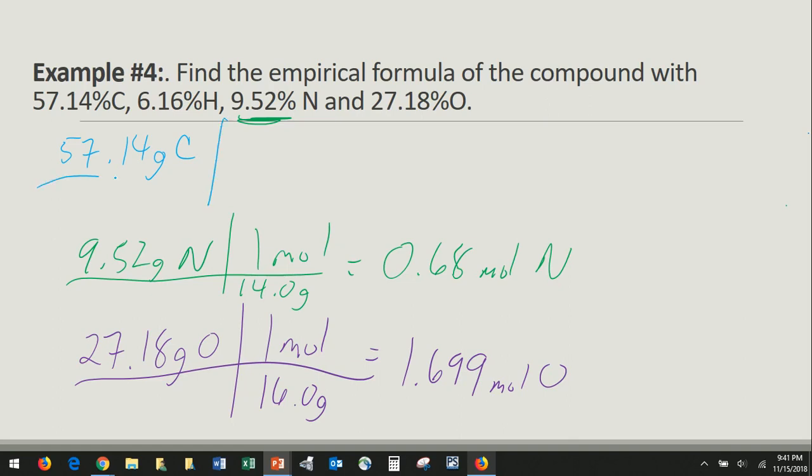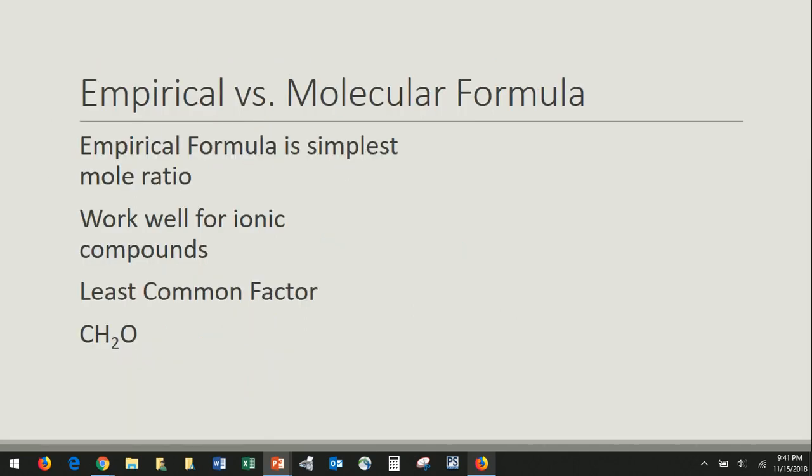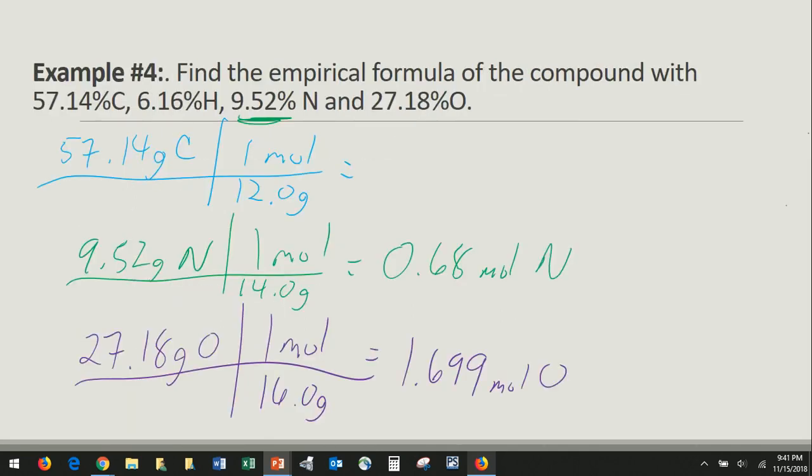And 57.14 grams is 12.0 grams of carbon in 1 mole. And that will get us 57.14 divided by 12 is 4.76 moles of carbon.